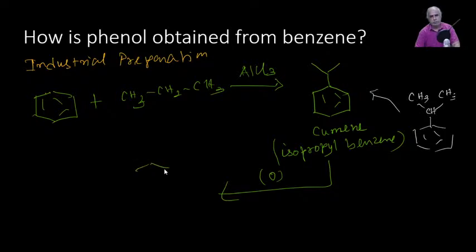Take down. This is the benzene, and here you have C, and then here you have CH3, CH3. Okay, the same thing. Now instead of H, you can have OH. This is called cumene hydroperoxide.